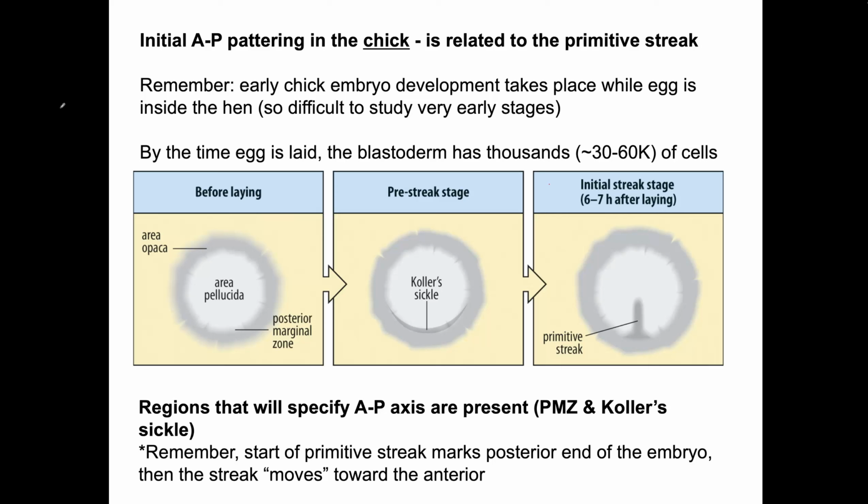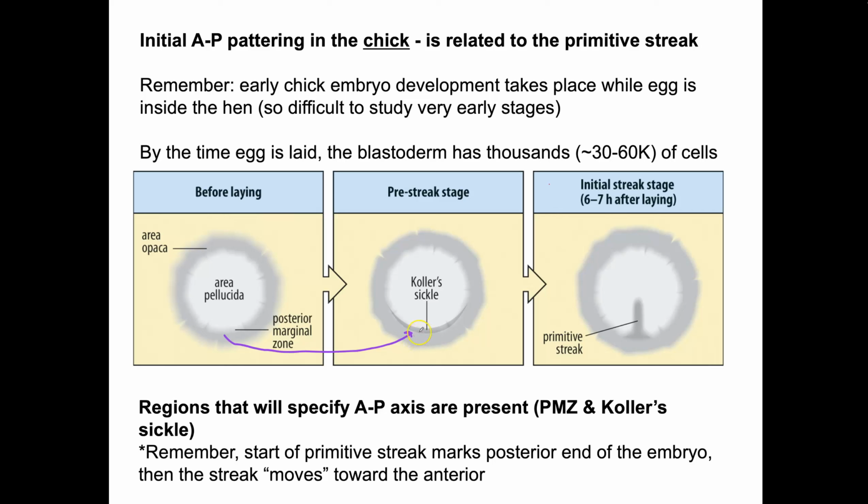Okay, so the initial anterior patterning in the chick embryo, you will remember that there is the posterior marginal zone, and here it's not very visible. There's nothing much to see visibly, but the posterior marginal zone is a group of cells that is going to form a thickened region, which leads to the formation of Koller's sickle, which is this sort of crescent moon shaped set of cells at the posterior end.